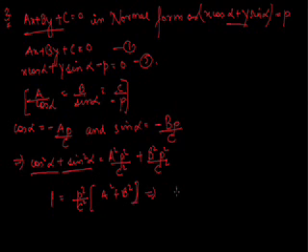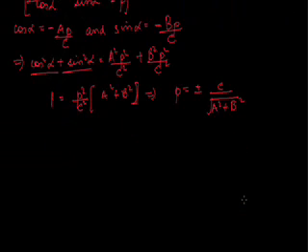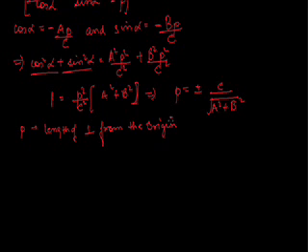So it has become p equals plus minus c upon under root of a square plus b square. But we know that p denotes the length of the perpendicular from the origin to the line and is always positive.